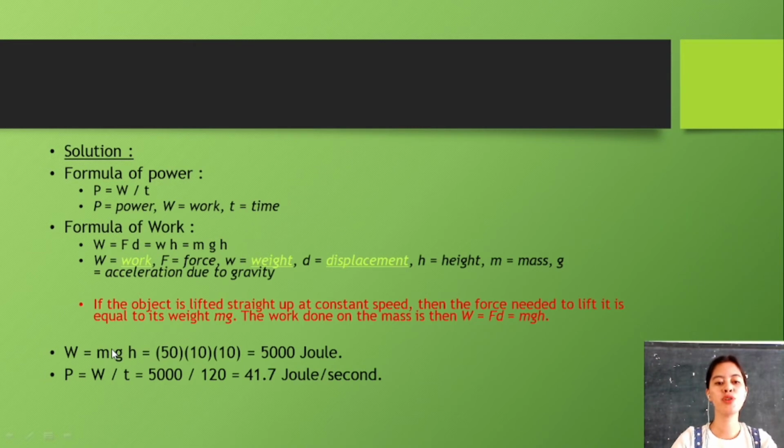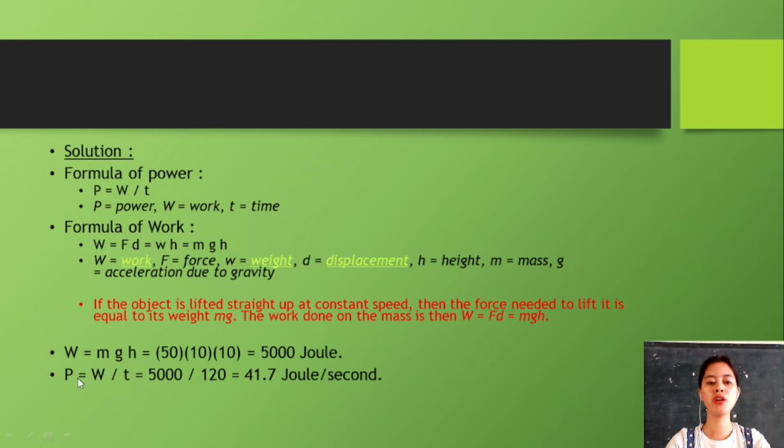So substitute the values. Our mass is 50 kilogram, our acceleration due to gravity is 10 meter per second squared, our height is 10. So the work done is 5,000 joule.